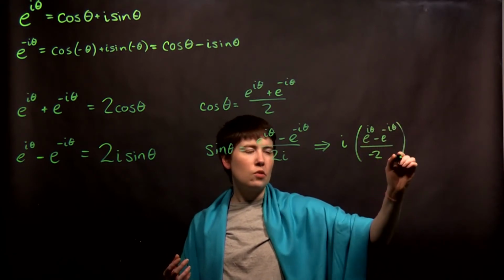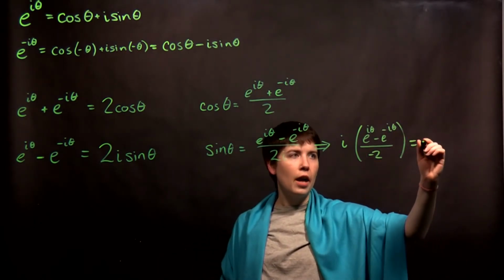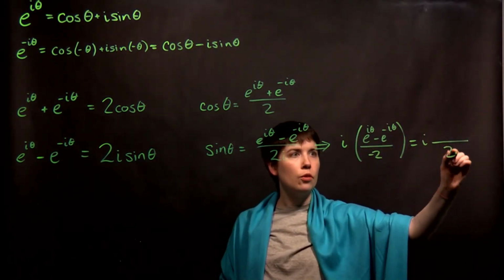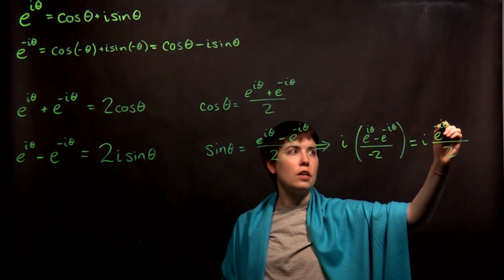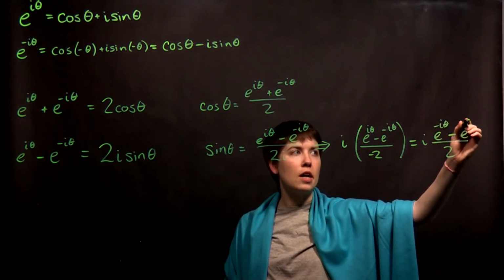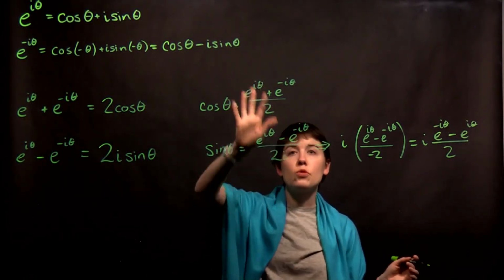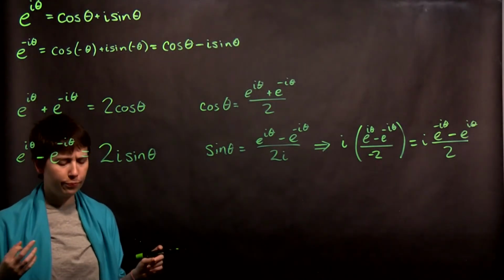What you could do instead is just flip that around. If you want to keep that i separate and on top, you would flip the signs here, and this would become e to the negative i theta minus e to the i theta. But normally we write it this way. So this relationship we can derive from these, and that's pretty important.